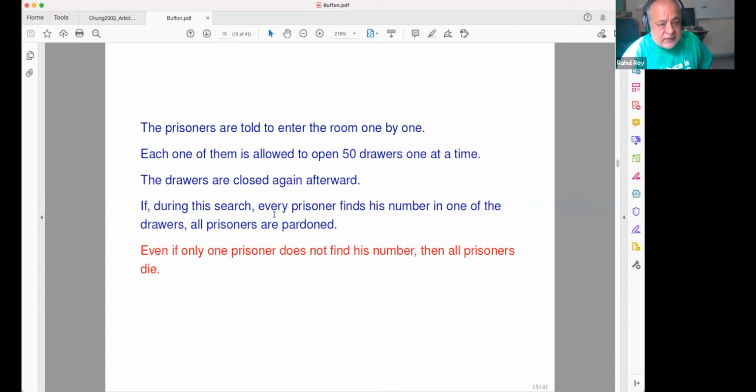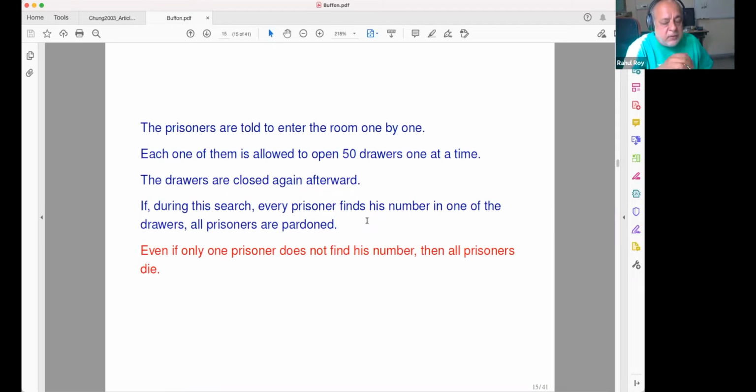If during the search, every prisoner finds his number in one of the drawers, then all prisoners are pardoned. So in other words, if prisoner number 1 finds his number in one of the 50 drawers he opens, then he comes out successful.